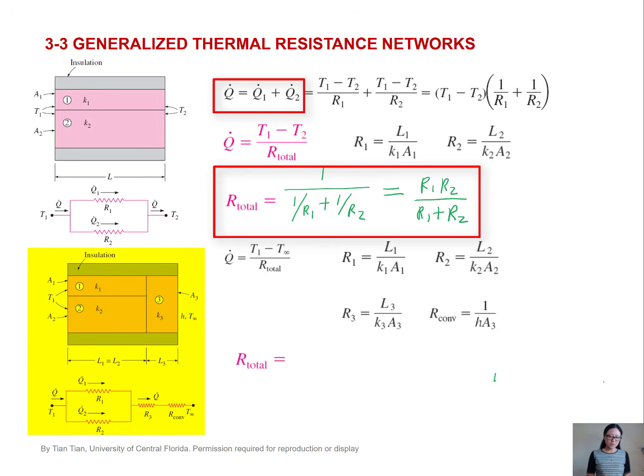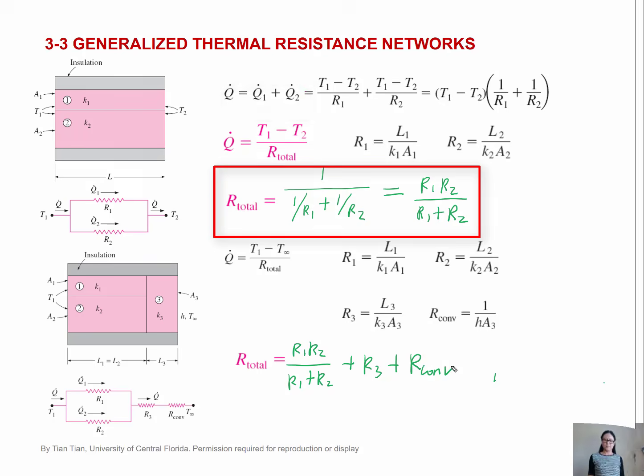In this case, we have these two resistances in parallel, and it's in series with this third resistance and the convection resistance. So the total resistance is R1 R2 divided by R1 plus R2, plus R3, plus the convection resistance.